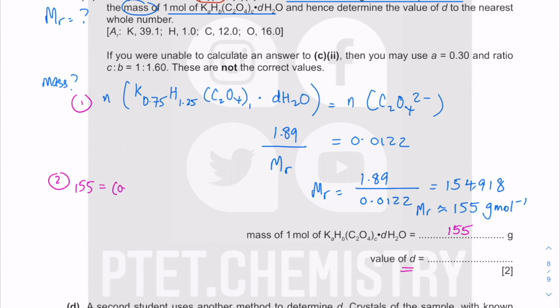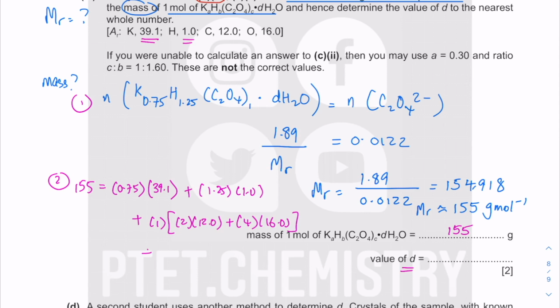So you have 0.75 times the 39.1 for the potassium. Then you have 1.25 times 1.0 for the hydrogen. Then you have 1 lot of 2 times 12.0, and you have 4 times 16.0. And you also have D molecules. You have D amount of H2O. So D times 2 times 1.0 plus 1 times 16.0.